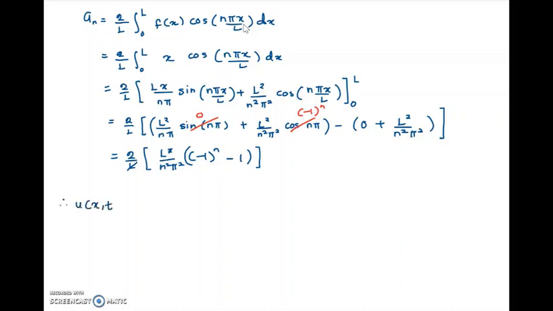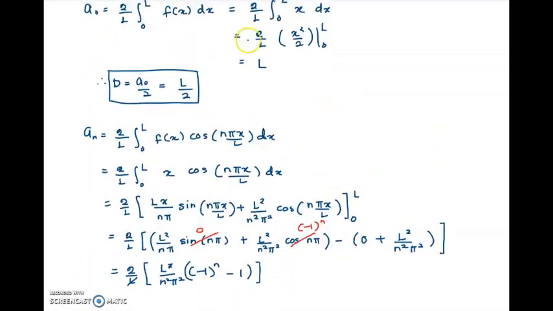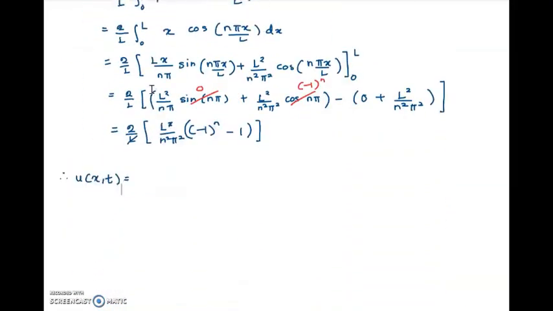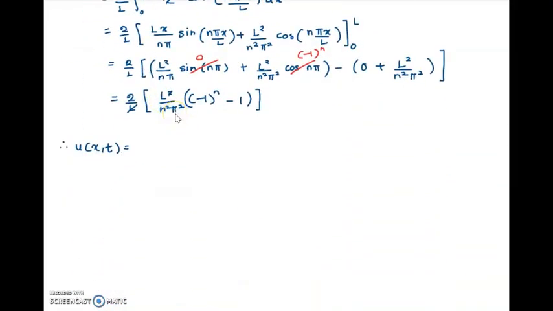So go back to the u(x,t) here. This is our solution. Put back what is your d, what is your an. Just now d is L over 2, and then we have the summation n equals 1 up to positive infinity of an.